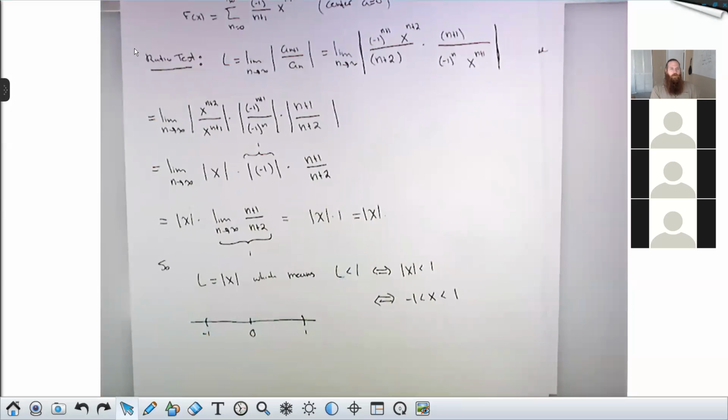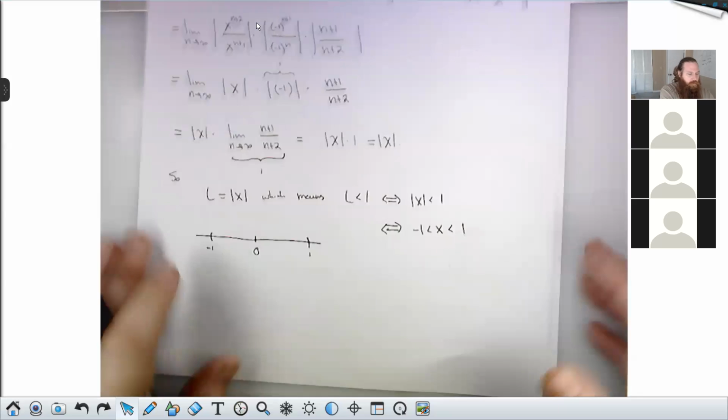But remember, with the ratio test, L equals 1 is inconclusive. If L is strictly less than 1, the series converges. If L is bigger than 1, the series diverges. But we don't know what happens when L is equal to 1. That can go both ways. In other words, for these endpoints, -1 and 1, we don't yet know whether the series converges at those endpoints or not.